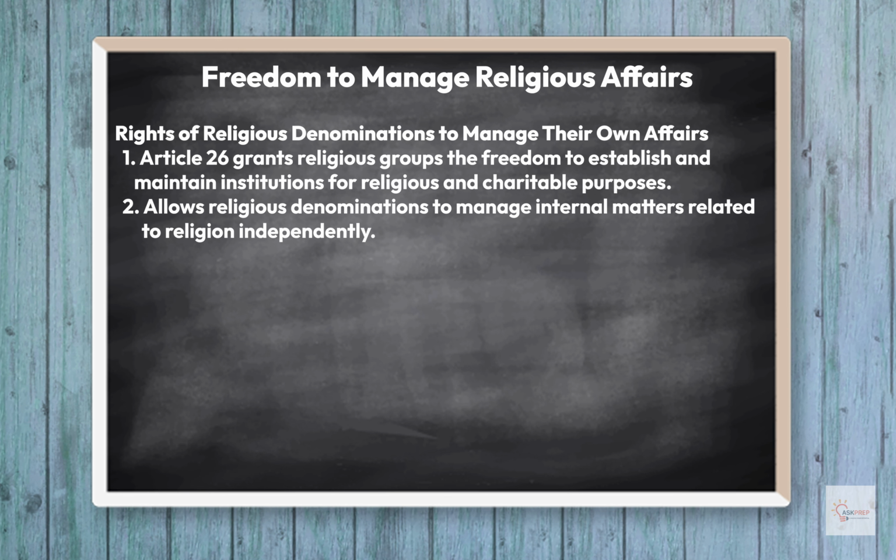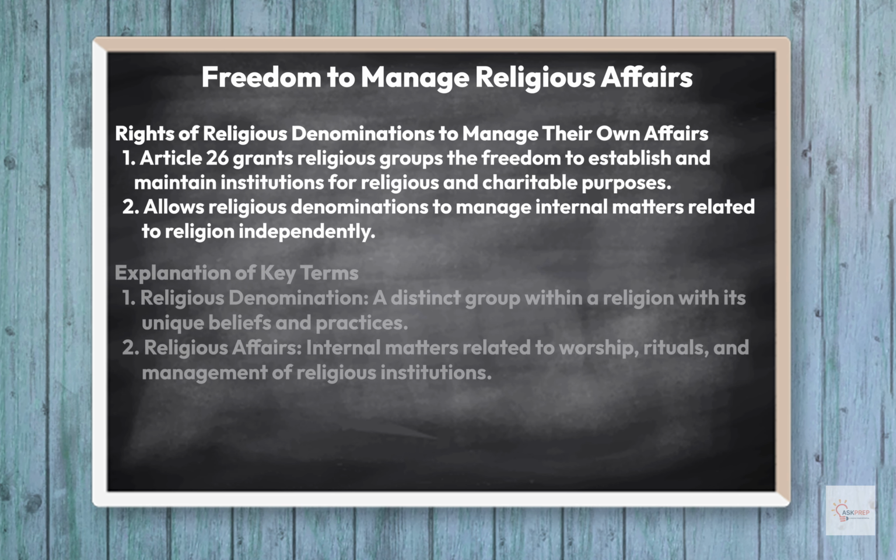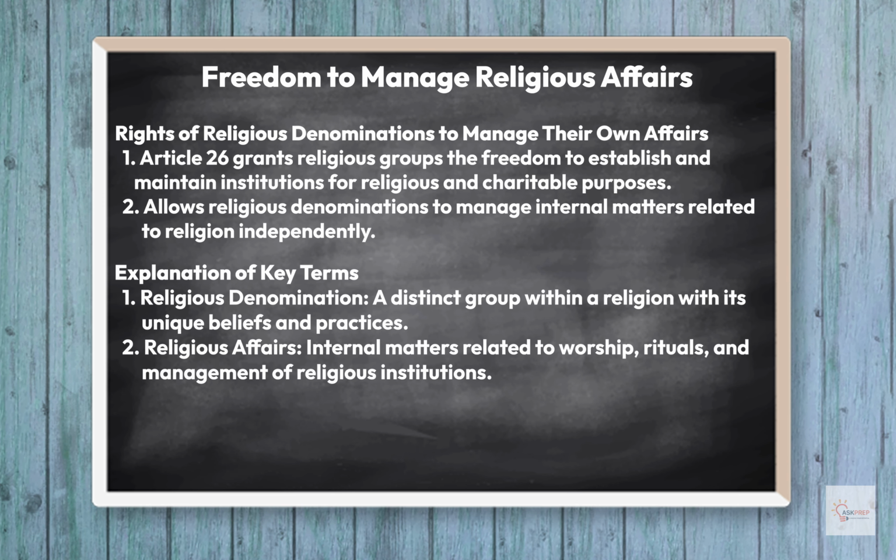Allows religious denominations to manage internal matters related to religion independently. Explanation of key terms. Religious denomination, a distinct group within a religion with its unique beliefs and practices. Religious affairs, internal matters related to worship, rituals, and management of religious institutions.